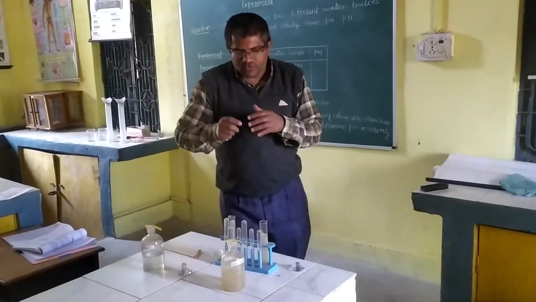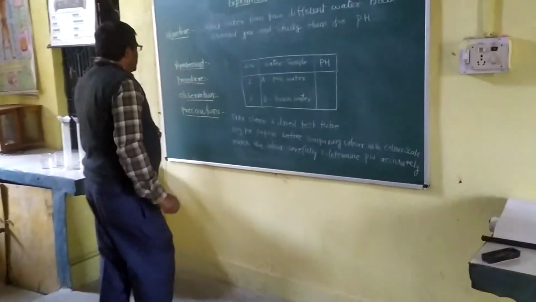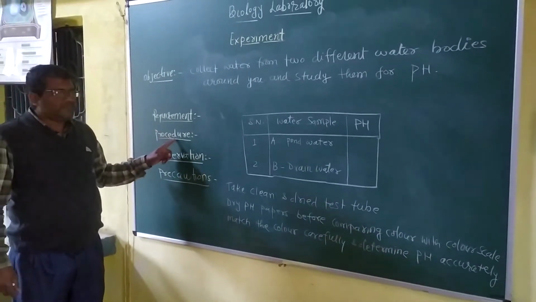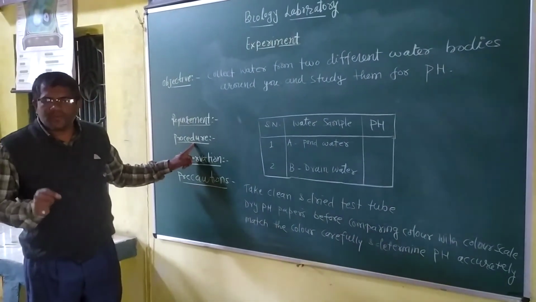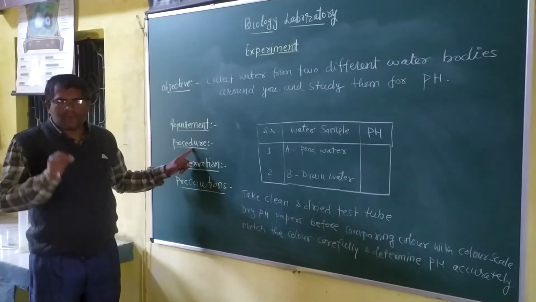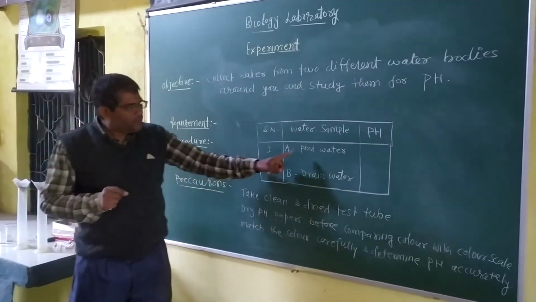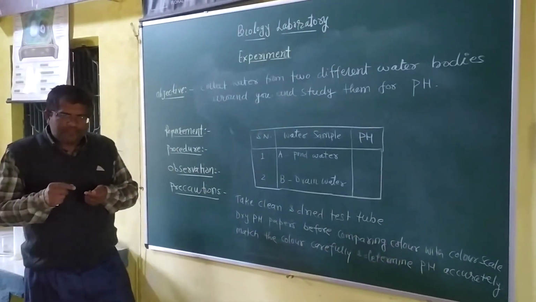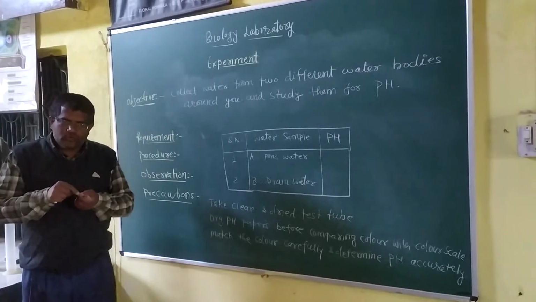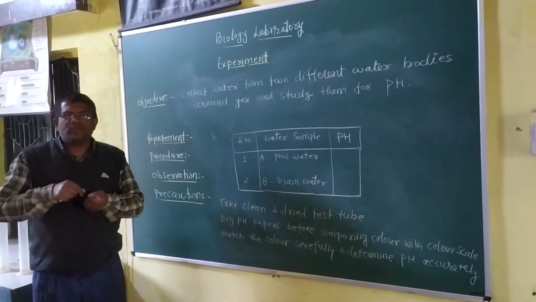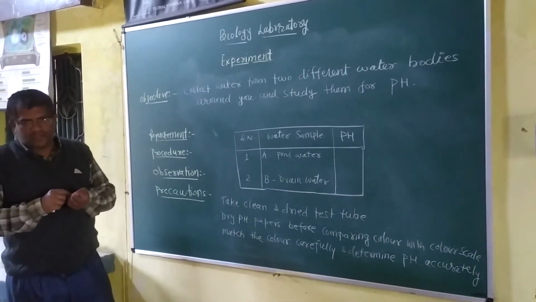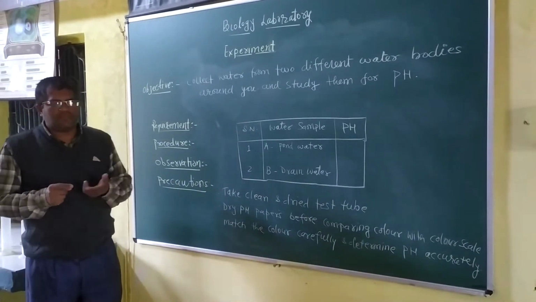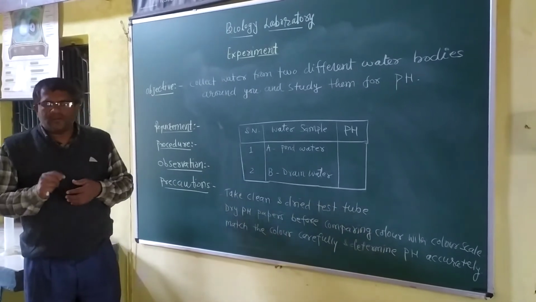Before that, let us come to another important thing, this procedure. What we have done in this procedure is we have collected the water sample from two different water bodies, one from pond water and another from drain water, and then we have taken them in test tubes, and then we have dipped the pH paper in it, taken it out immediately, and kept it to dry.